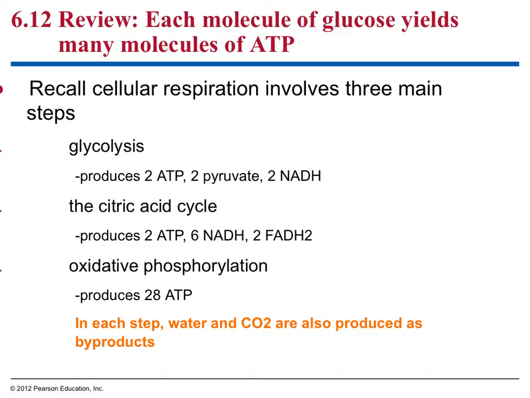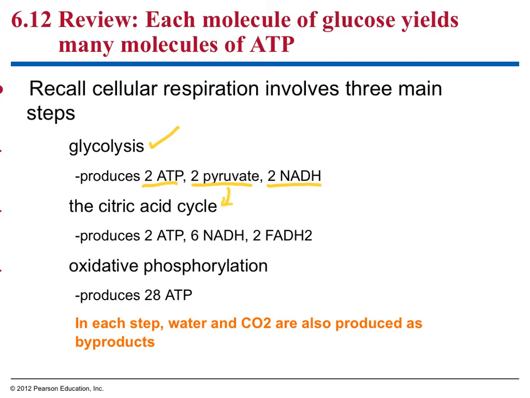Okay, so if we just kind of summarize cellular respiration, remember we've got glycolysis, the initial splitting of glucose, and that doesn't make a whole lot of ATP, but it does make the pyruvate, which goes into the citric acid cycle, and we've got 2 molecules of NADH. Those 2 molecules are the electron carriers, the energy carriers.